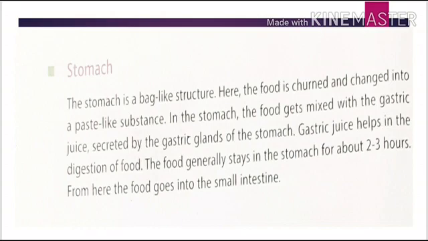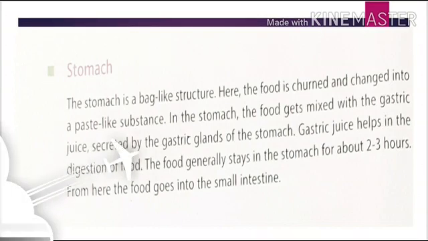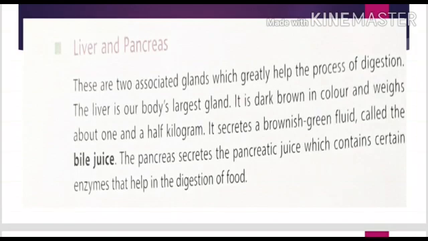take the two glands that play an important role in the digestion of food. You can say in the digestive system. These glands are known as associated glands. Associated means सहायता करने वाली. Why are these two glands not considered as part of the digestive system?